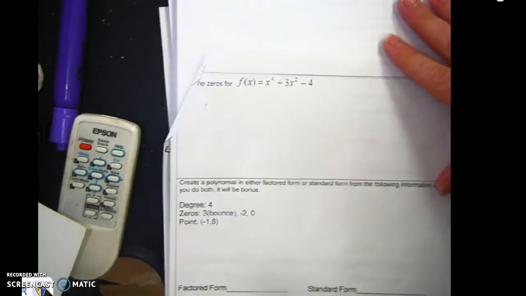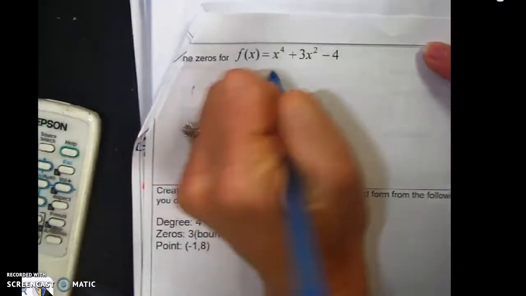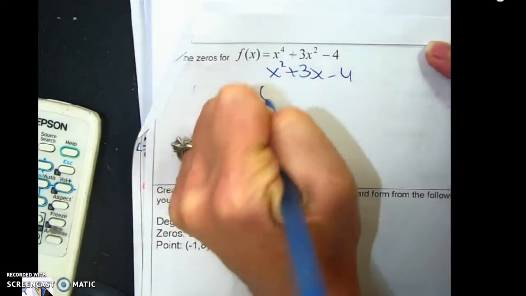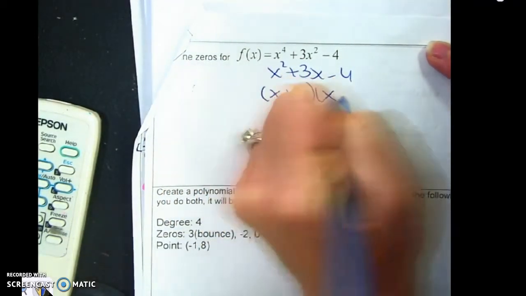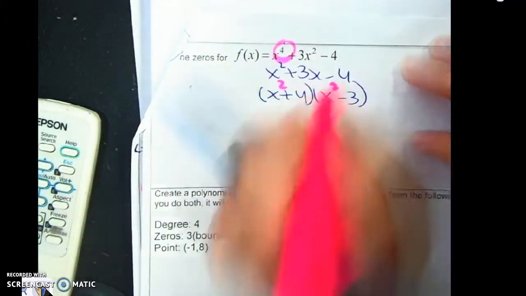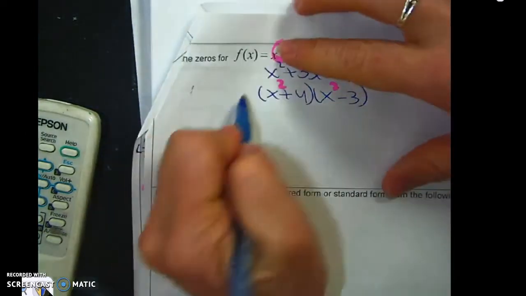Okay, now we're on page 3. Find the zeros. If it was me, what I would do is I would pretend this is x squared plus 3x minus 4. So that would be x plus 4, x minus 3. But since it's x to the 4th, it's really x squared, x squared. Then I would set it equal to 0.